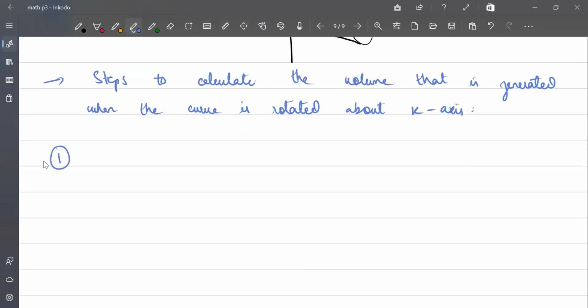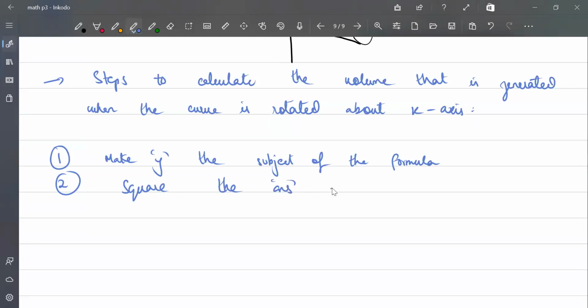Step number one: make y the subject of the formula. Step number two: square the answer of step one.